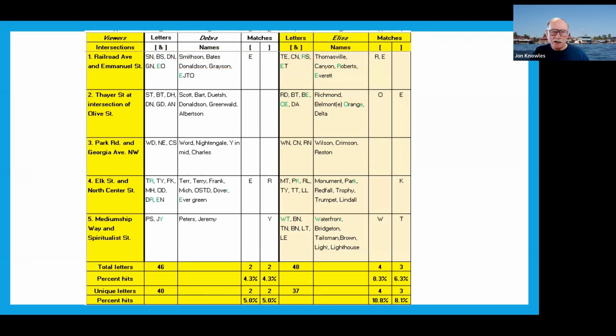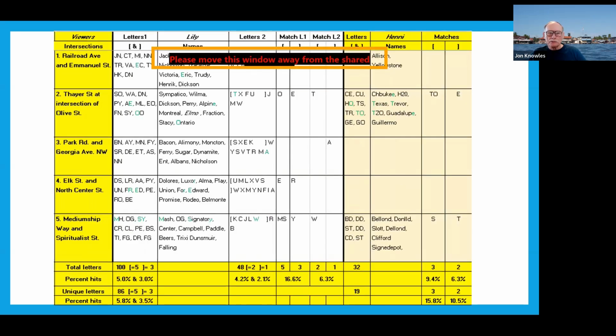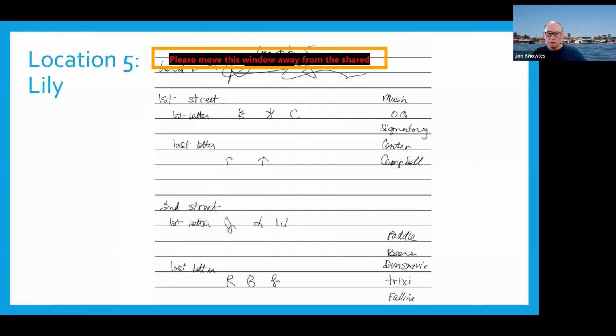This is just some of the data, what it looked like for the 5 intersections, a selection of the data, not all of the data. That was from all 4 viewers, these 2 slides. Again, this will be up on the recording if you want to examine it more closely.